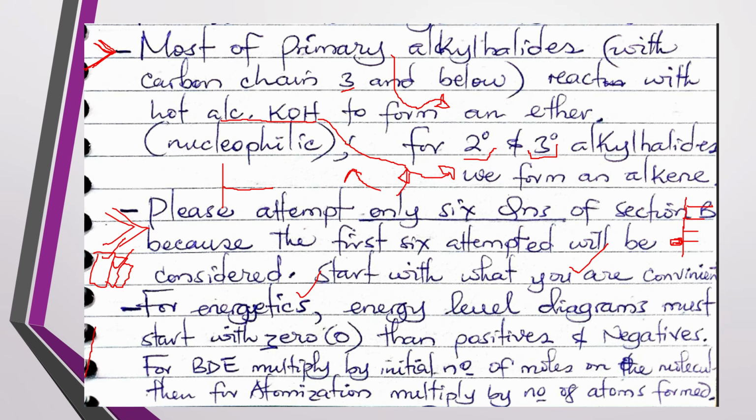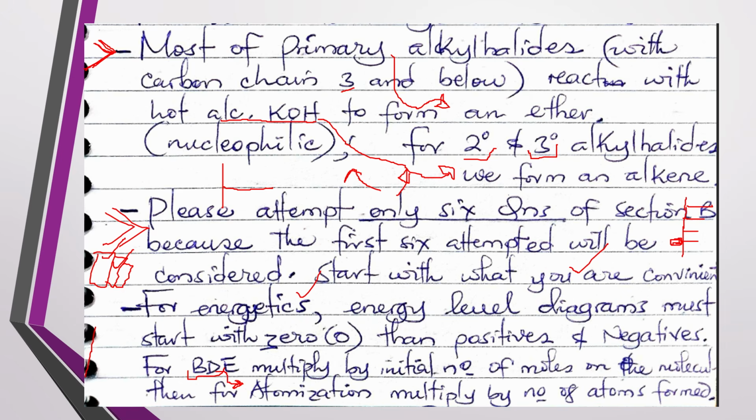So for energetics, energy level diagrams must start with 0, then positives and negatives. And then we talked about the bond dissociation energy, multiplying by the initial number of moles. For the bond dissociation energy relationship, you need to understand the relationship between bond dissociation energy and atomization energy.